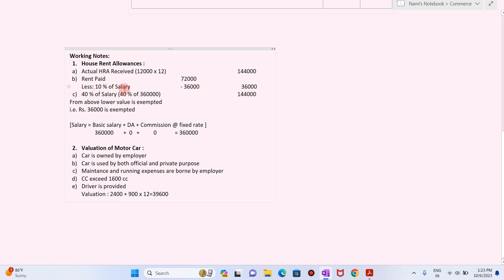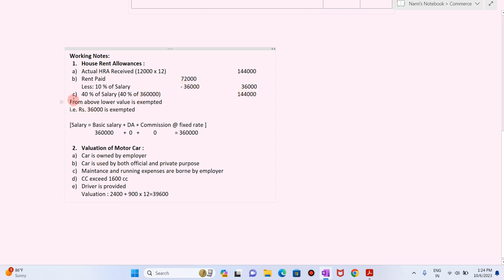So here is the calculation of salary. Salary is 3,60,000. So 10% of salary, 36,000, and this 36,000 we have reduced from rent paid, that is 72,000. In the outer column we have written 36,000.